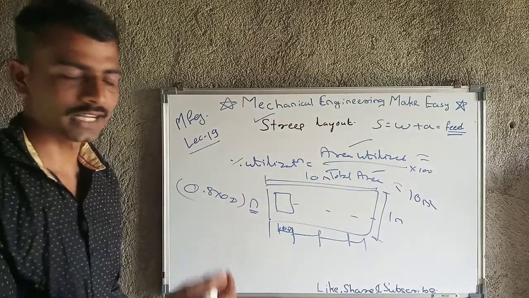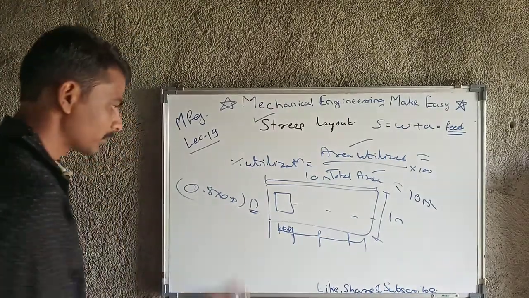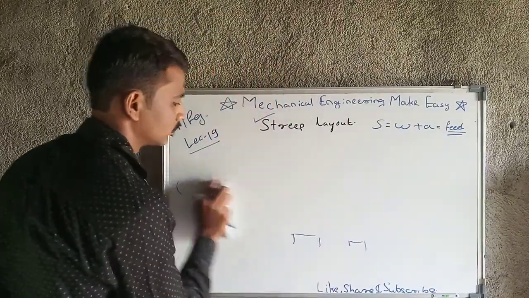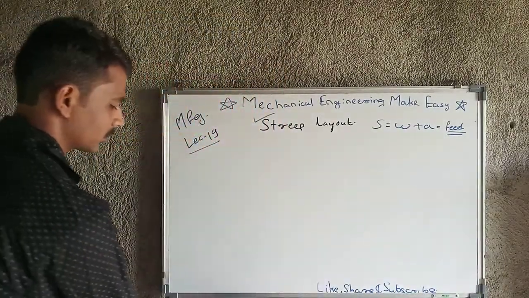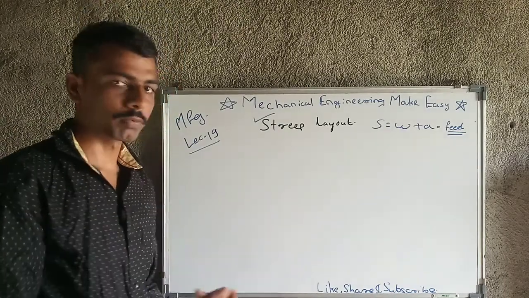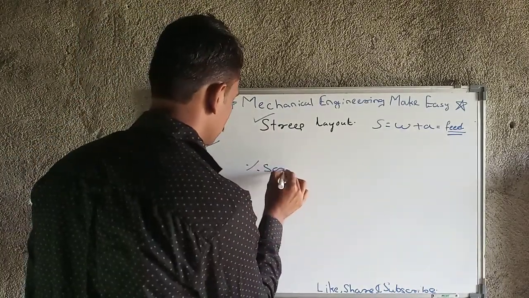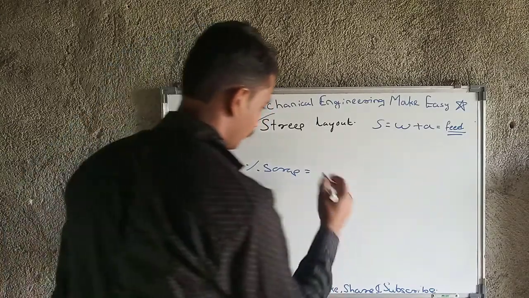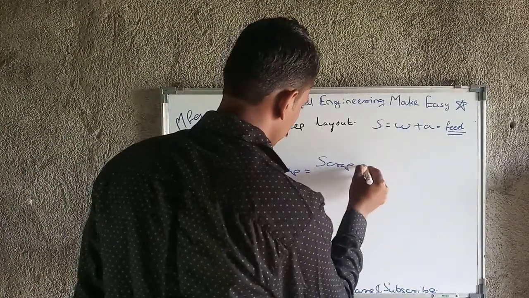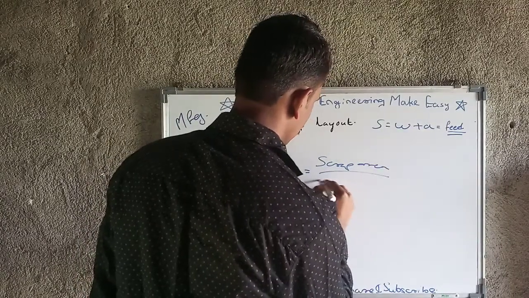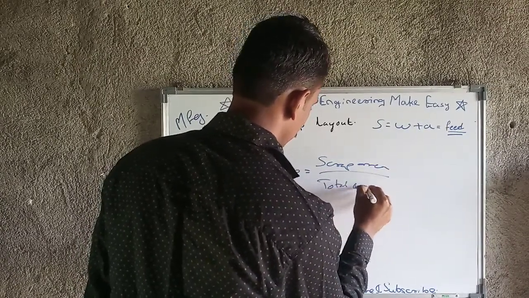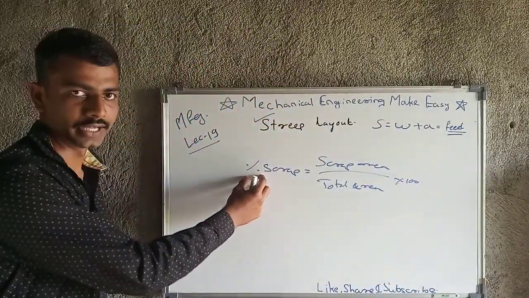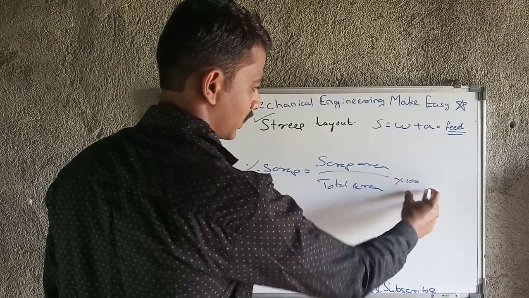And the same concept applies to percentage of scrap. What is the percentage of scrap? Percentage of scrap is nothing but scrap area upon total area, into 100, because we have to get the value in percentage, so here we multiply by 100.